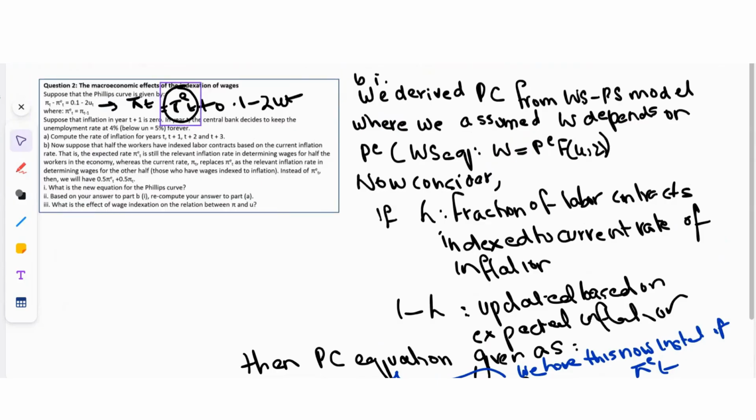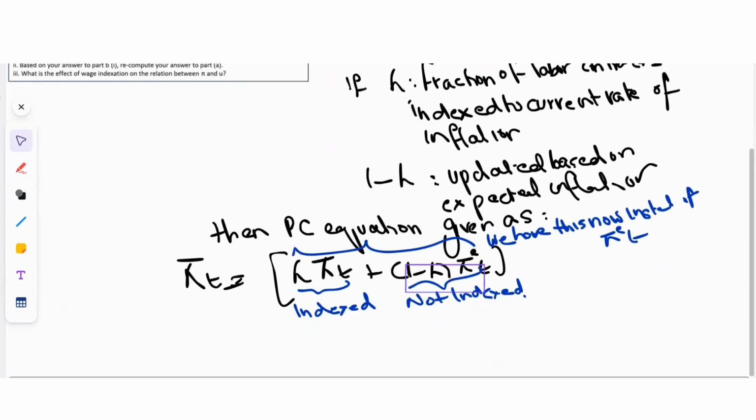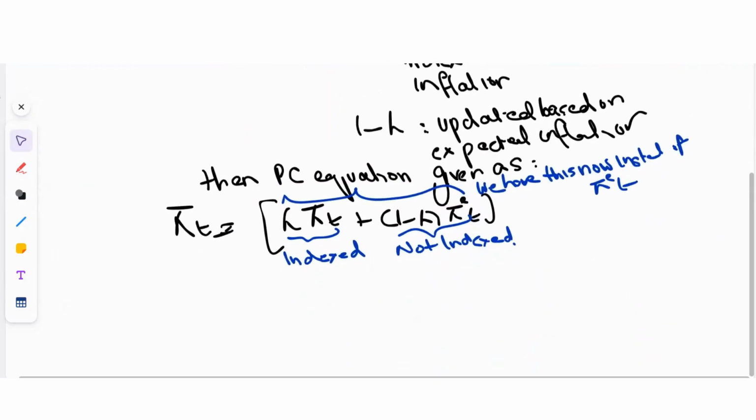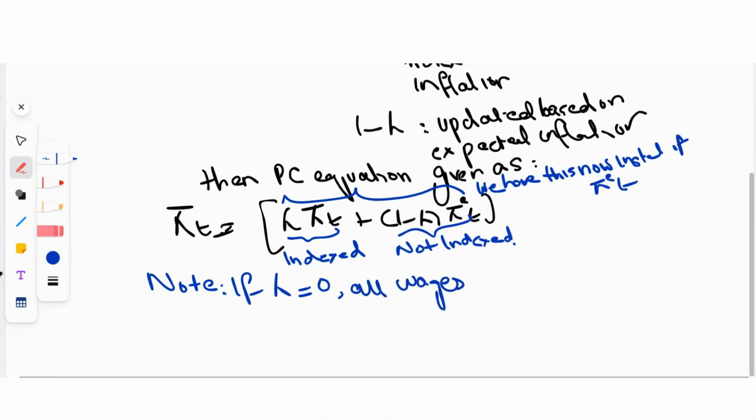But now, instead of pi e t, we have lambda pi t plus 1 minus lambda pi e t, because a fraction lambda is indexed to the current rate of inflation, and the remaining are still indexed to expected inflation. So note that if lambda is equal to 0, all wages are set based upon expected inflation, and the equation reduces to its original form.